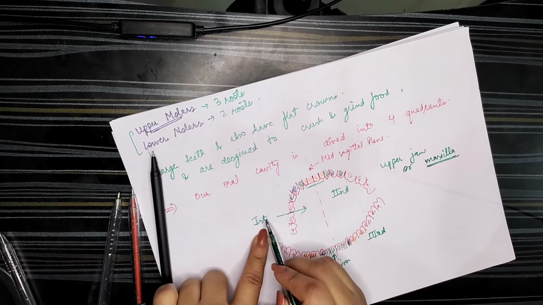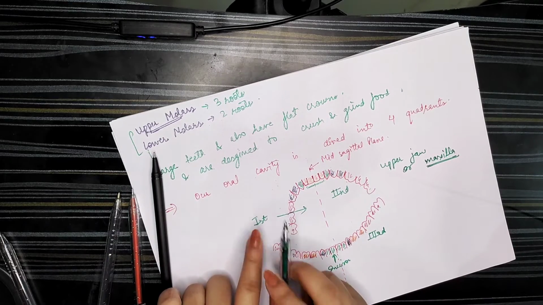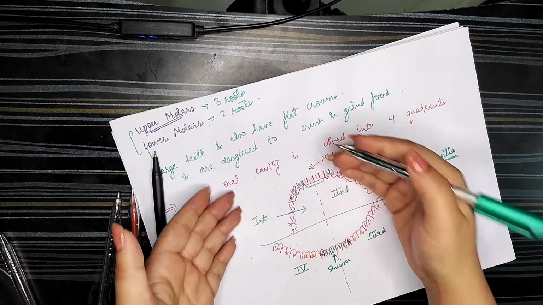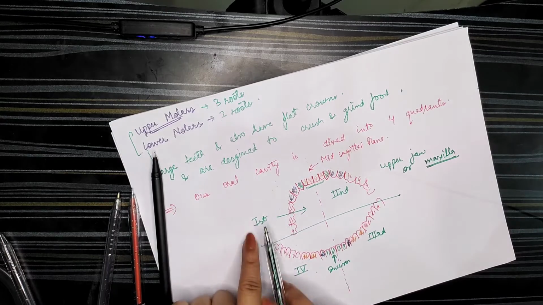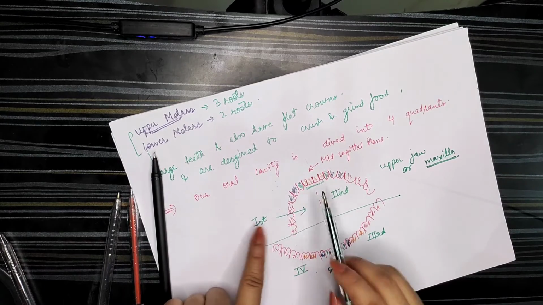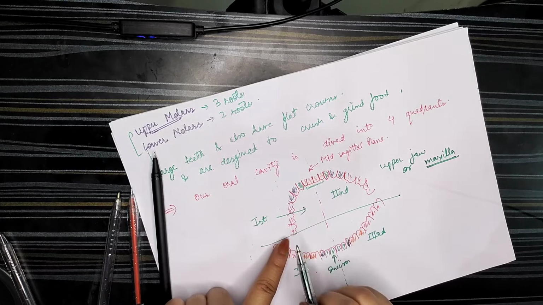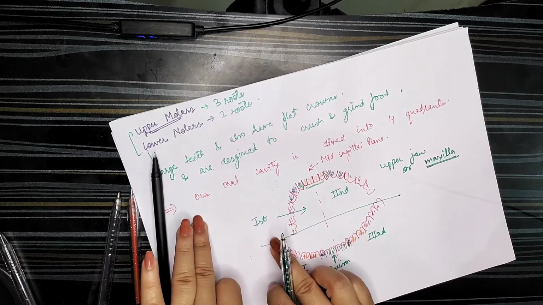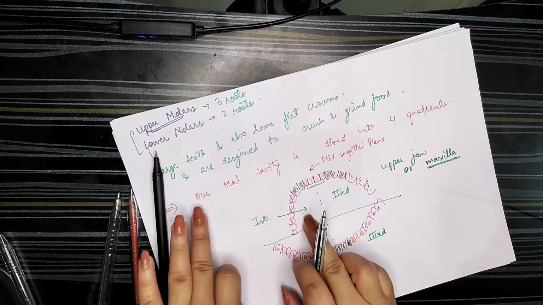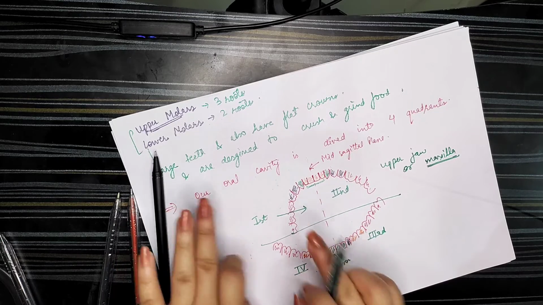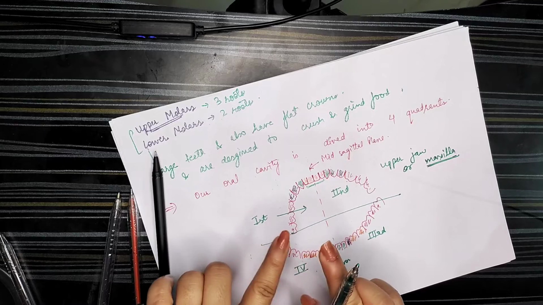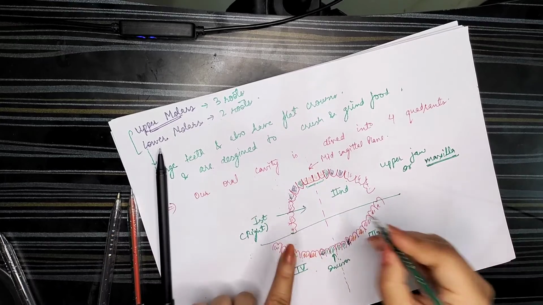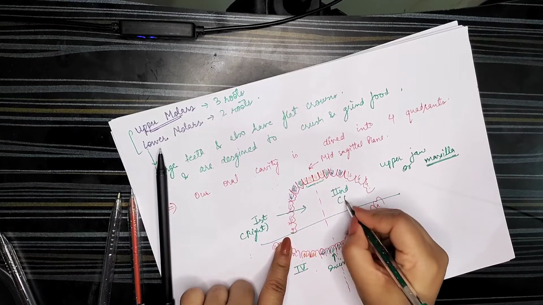The first quadrant consists of the teeth of the maxilla, from central incisor to third molar, on the right side of the patient. The second quadrant consists of the teeth of the maxilla on the left side.